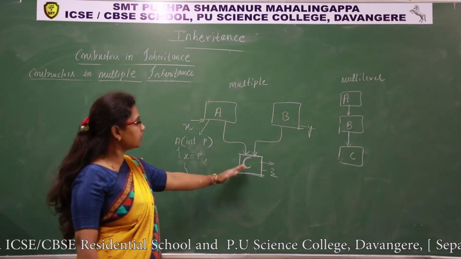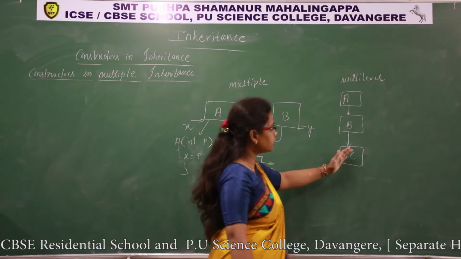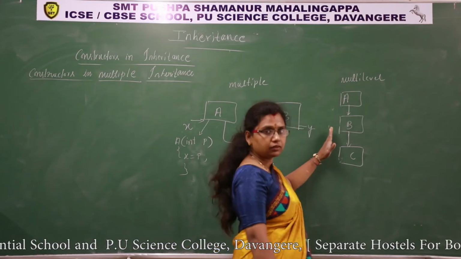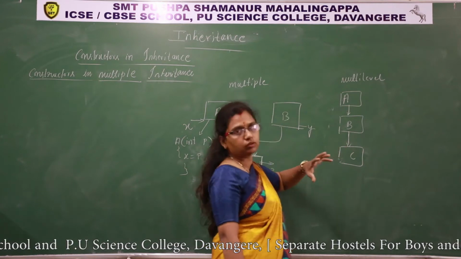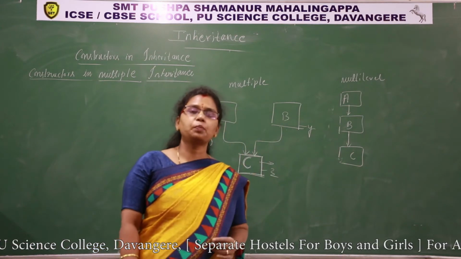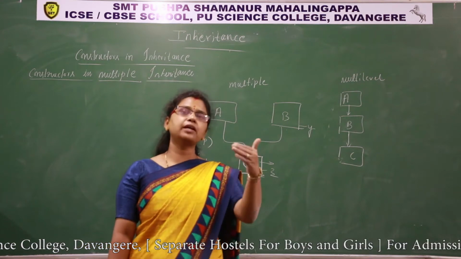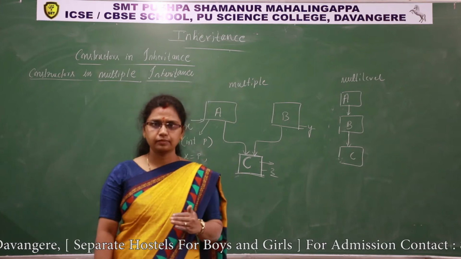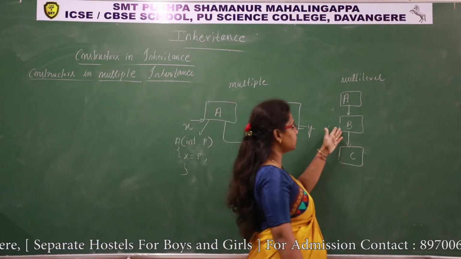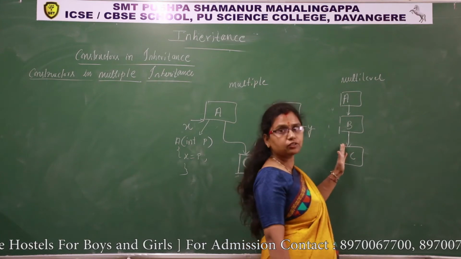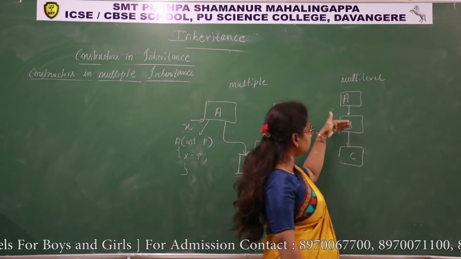Here also class C having two parent classes. But in a multi-level, there is a rule. Not only multi-level, there is one rule. A derived class has to pass initial values to its immediate parent class constructor. So who is the immediate parent class here? B is the immediate parent class. So it has to pass arguments to B. Then its job is over.